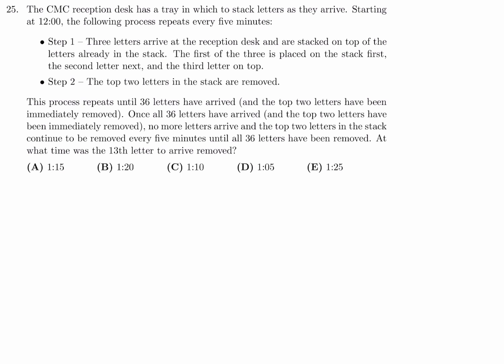The top 2 letters in the stack are removed. This process repeats until 36 letters have arrived, and the top 2 letters have been immediately removed. Once all 36 letters have arrived, no more letters arrive, and the top 2 letters in the stack continue to be removed every 5 minutes until all 36 letters have been removed. At what time was the 13th letter to arrive removed?